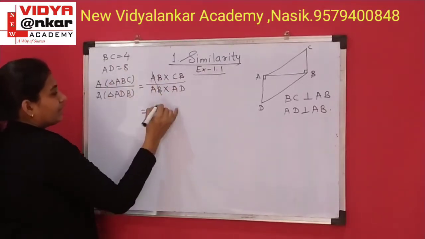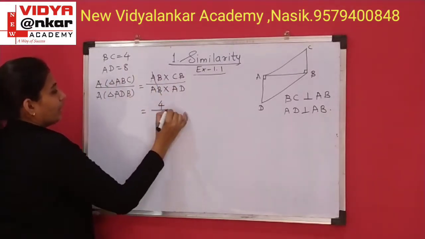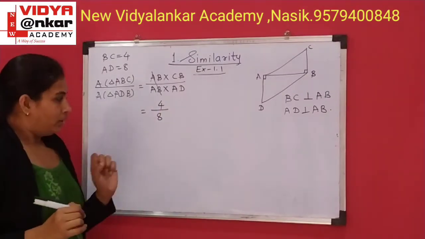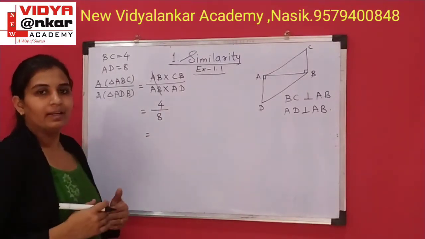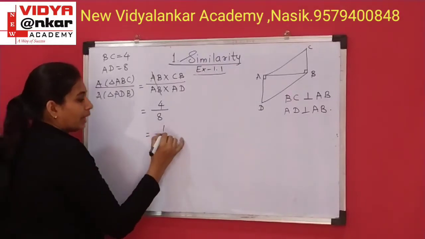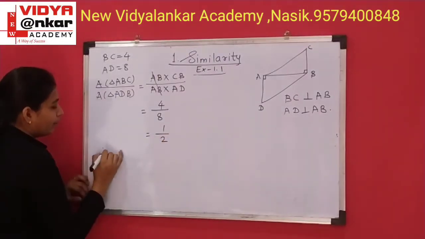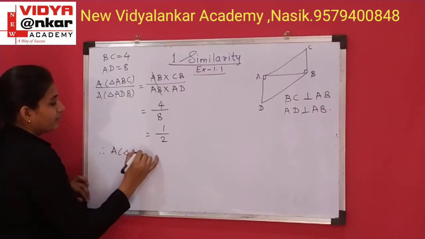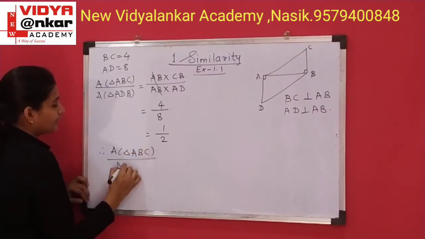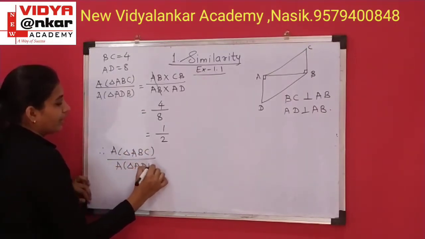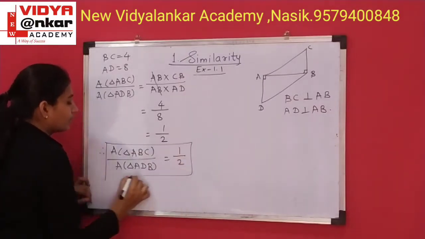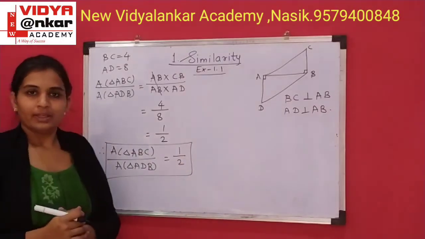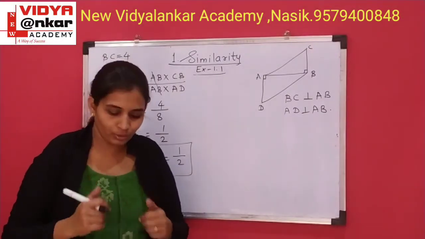CB or BC we can write as 4. AD can be written as 8. 4 upon 8 can be written in the simplest form like 1 upon 2, means we get an answer: area of triangle ABC upon area of triangle ADB is equal to 1 upon 2, that is 1:2. Is it very simple? Good.